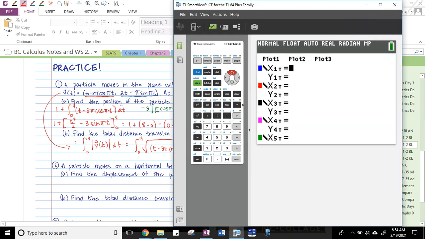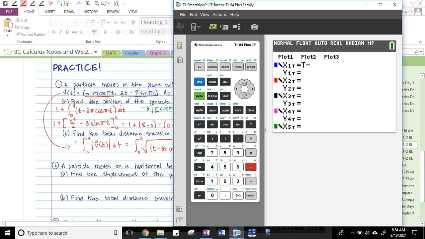All right, so the x component of velocity is t minus 3 pi cosine, and I'm doing a quick check that I'm in radian mode, which I am. And then y is 2t minus pi sine pi t. Double check that I typed that in right.